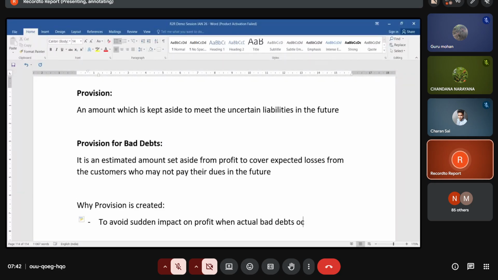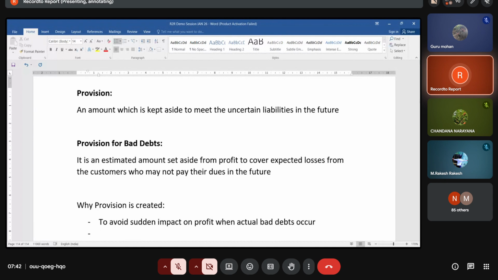See, guys, for example, they are selling various goods on a daily basis, 10 lakhs, 20 lakhs like that. Will all the customers pay to the company? Not really. So to recover from such kind of losses, the companies will create a provision.